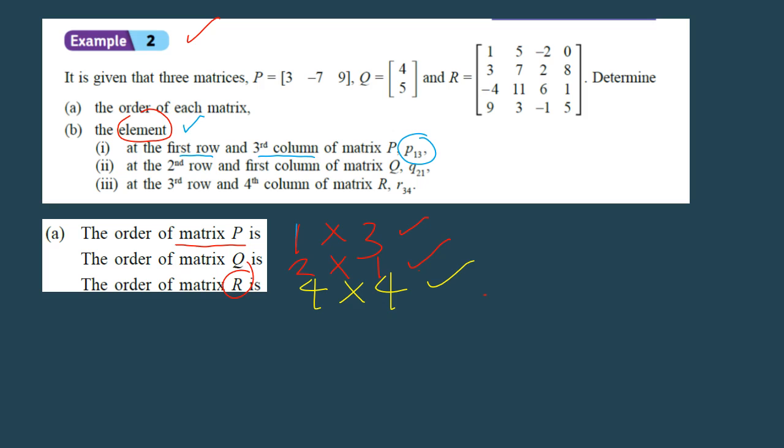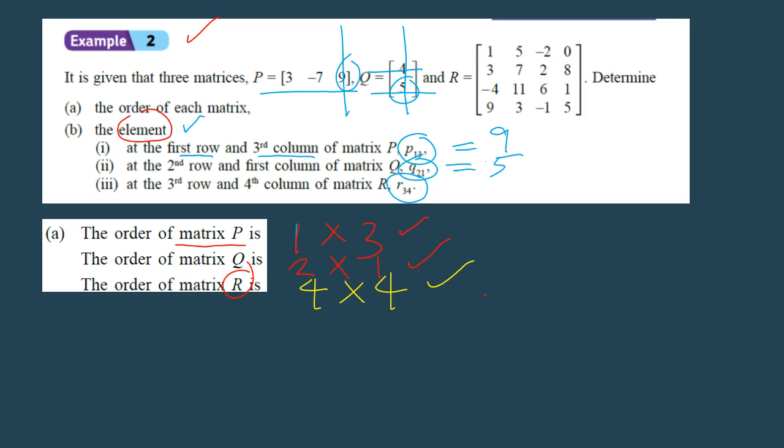Okay, P13, that means the first row and the third column, it is 9. So the answer is 9. For Q21, that means the second row and the first column, this one is 5.